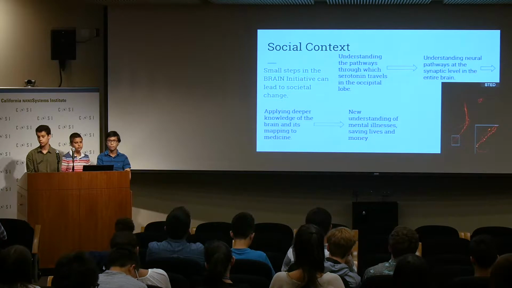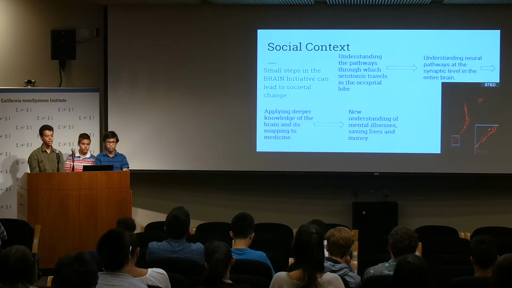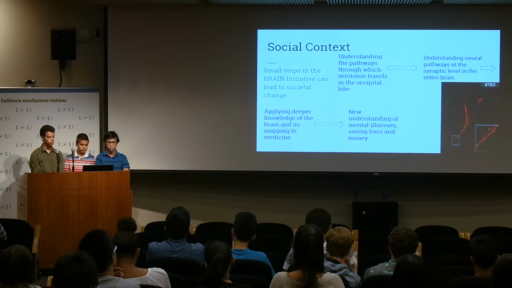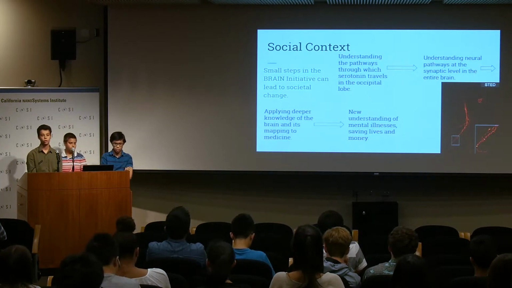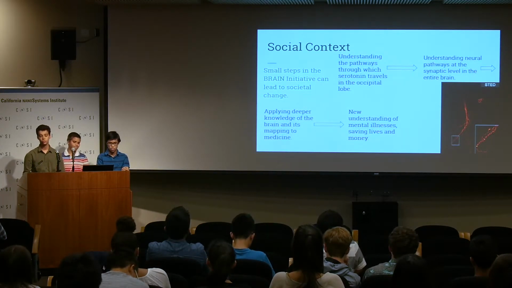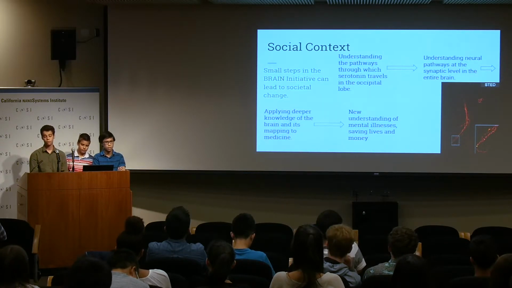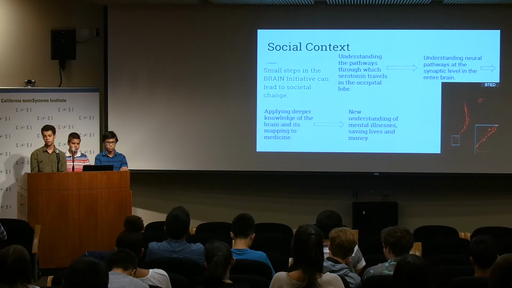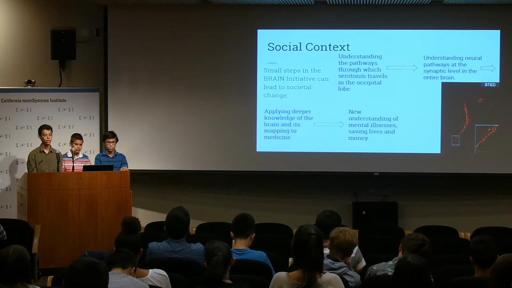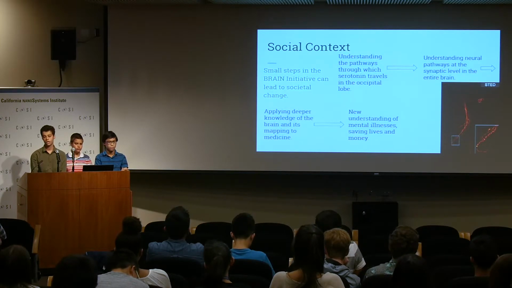This is a long-term social context, but understanding the exact synaptic pathways through which serotonin travels in the occipital lobe of mice could eventually contribute to a larger understanding and mapping of the brain of both humans and mice, which at some point in the future, not only accomplishes one of the main goals of the BRAIN initiative, it can also lead to advancements in medicine and technology, which can save lives and money.